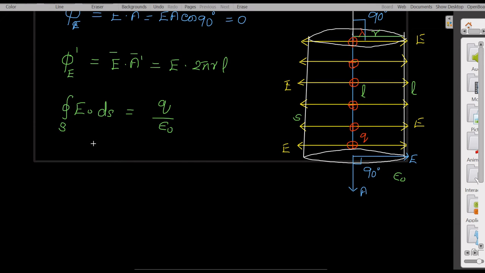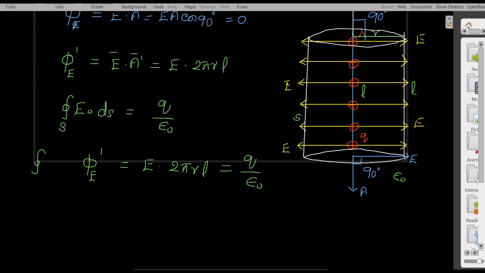If we solve this, E dot ds, that is total flux phi E dash. Phi E is 0, total flux is only phi E dash, which is equal to E into 2 pi r L, which is equal to q by epsilon naught.